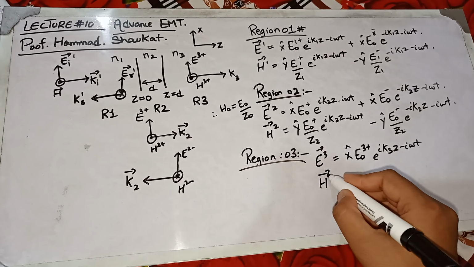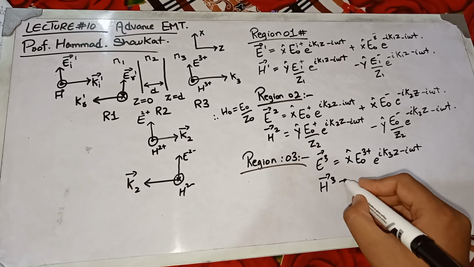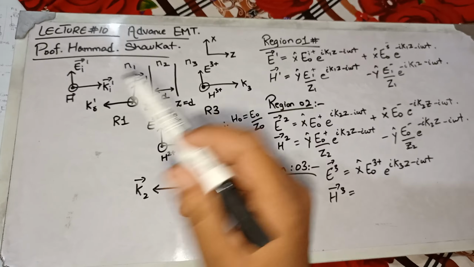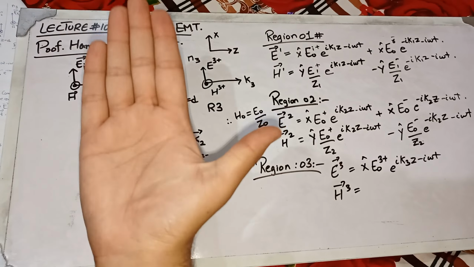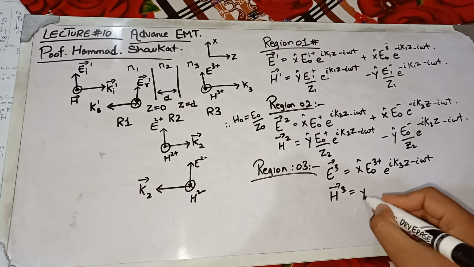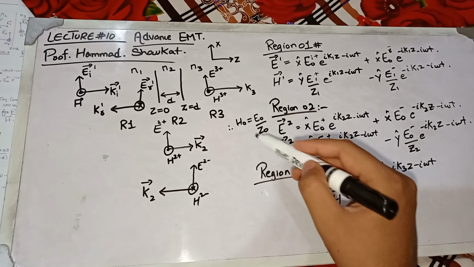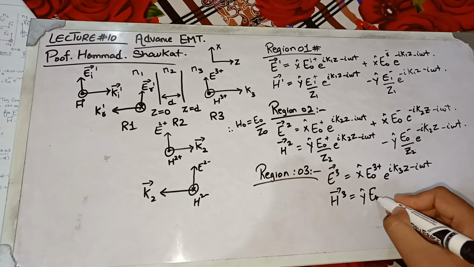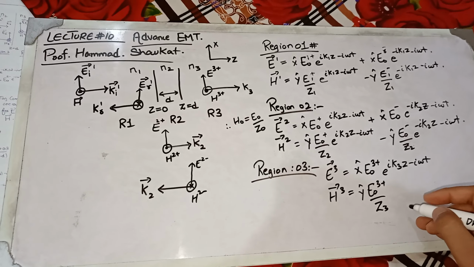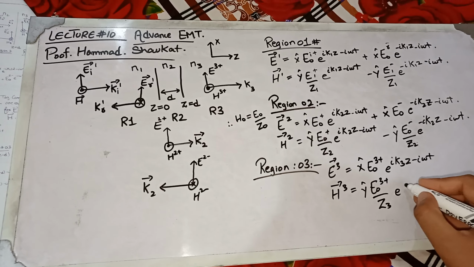Similarly, the magnetic field in region 3 can be written as follows. First of all, you know that the electric field is out of the page. For the case of output, we have to use the positive y direction, and the amplitude is E naught 3 plus divided by Z3. Why Z3? Because you are in the third medium.